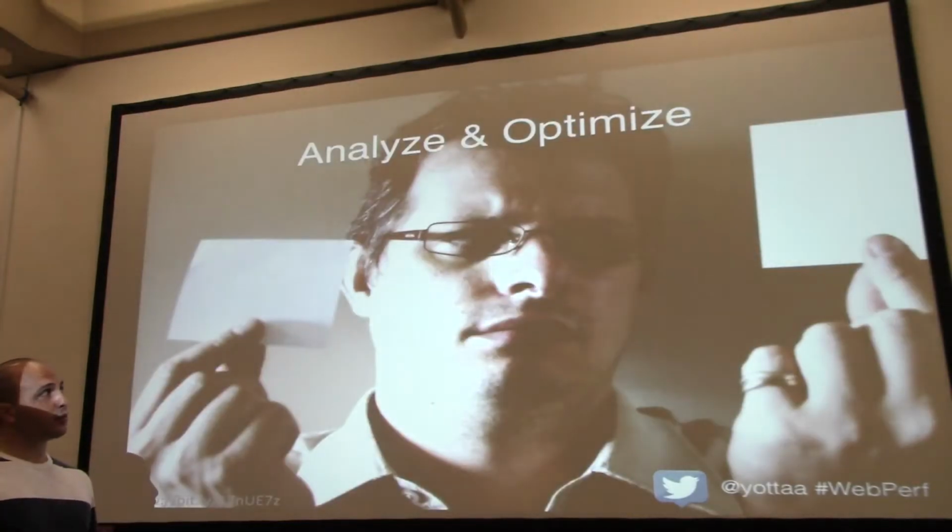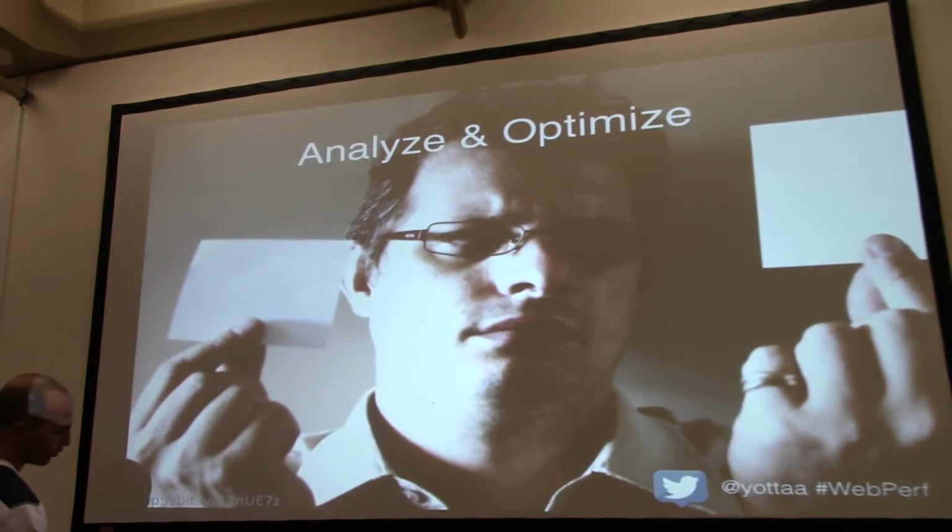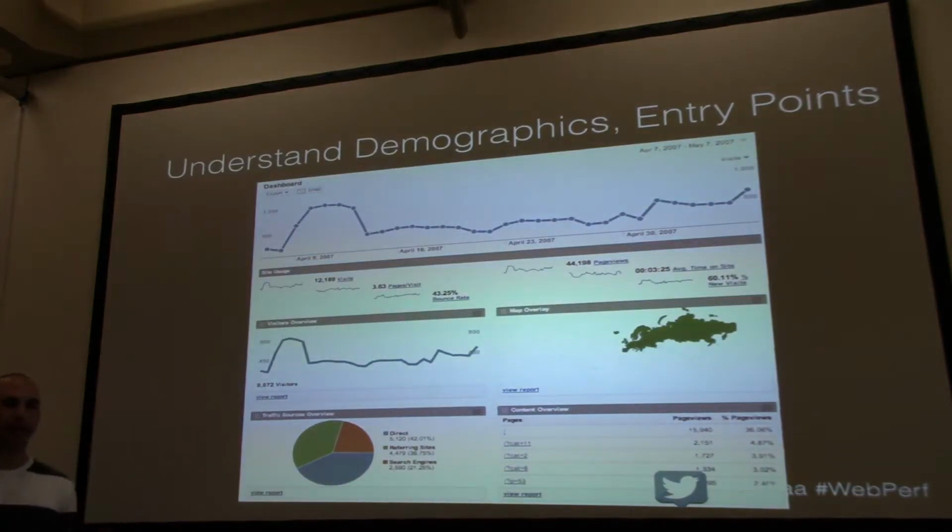So high-level sort of product management stuff aside now, let's actually talk about how you get to the bottom of what you want to do with your images. The one thing that you definitely need to do before you start any initiative, and hopefully there's people in the company who are doing this, sort of at every level, trying to understand what makes the most sense to prioritize, but you need to understand where your users are coming from, what their devices are, what their experiences are, and what your actual goals are for your users and for your site and for your business.